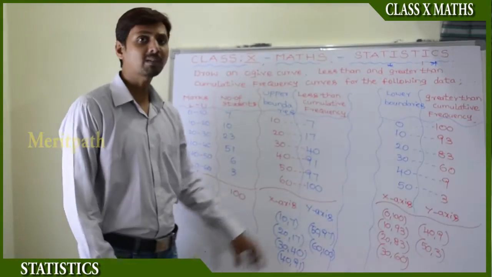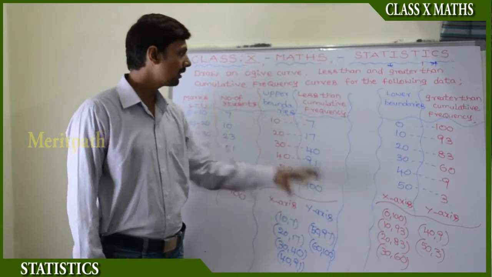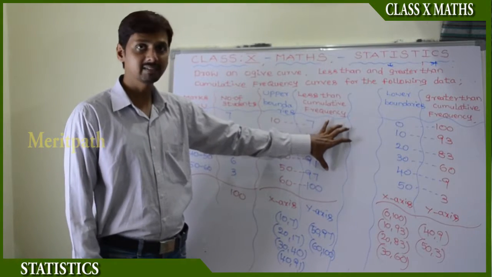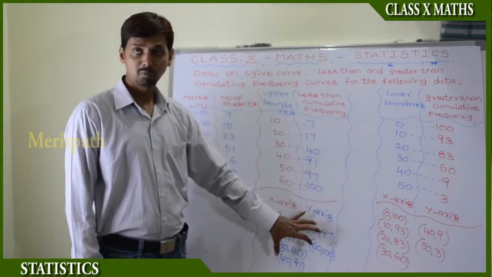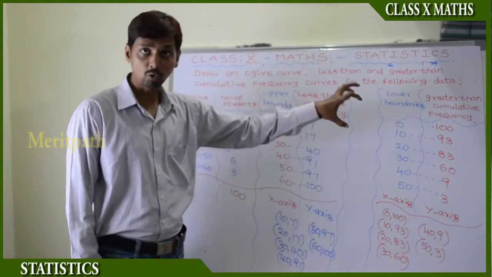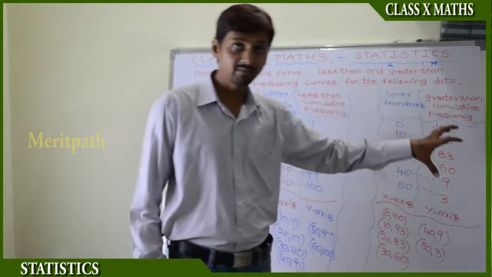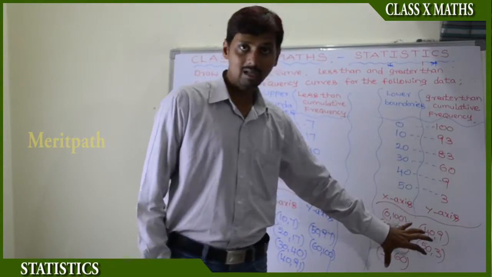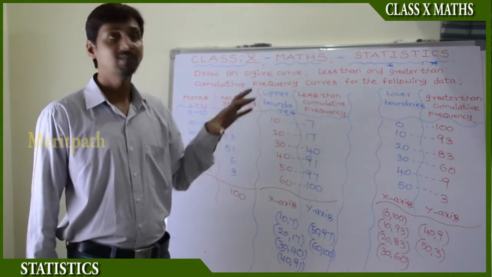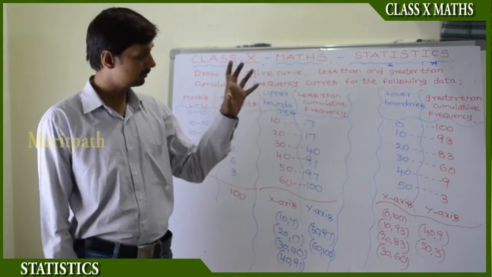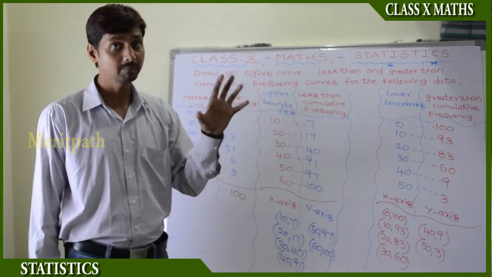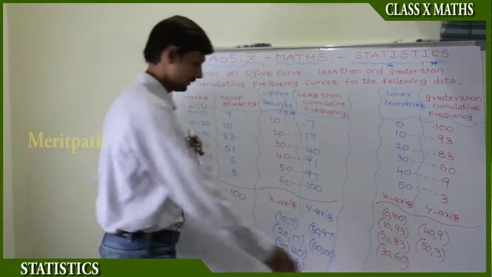So let's take all the points which we got, upper boundaries and less than cumulative frequencies, and plot them on the graph, and also the lower boundaries and greater than cumulative frequency points together. These points on the graph will give us the less than cumulative frequency curve and the greater than cumulative frequency curve. Let's find out the graph for it.